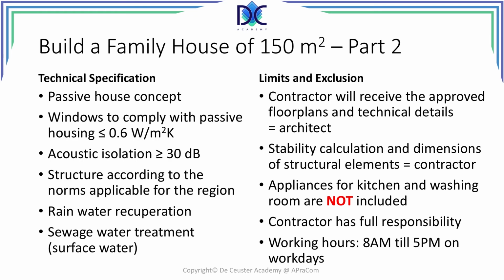We still keep the appliances out of the solution. The contractor has the full responsibility for all the techniques, construction, electricity, water, heating, and so on. Working hours are from 8 a.m. till 5 p.m. and only on work days.